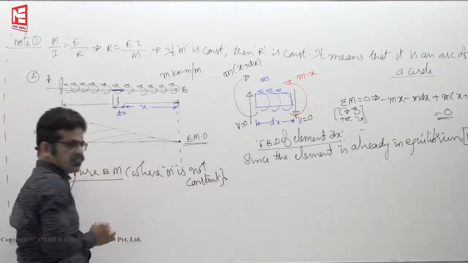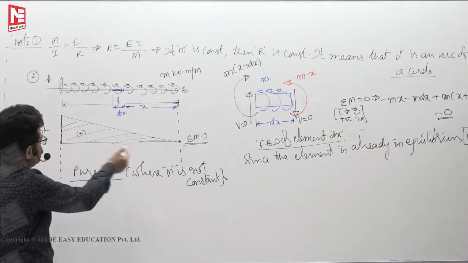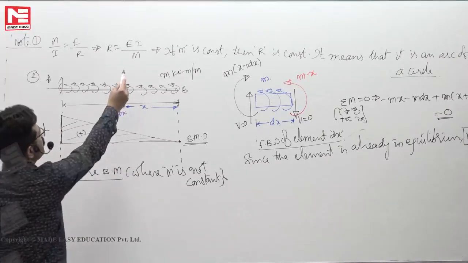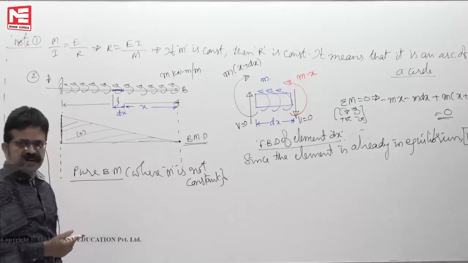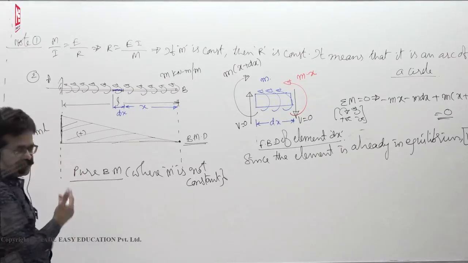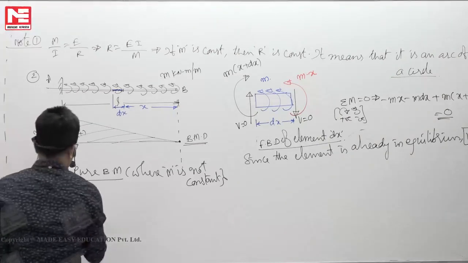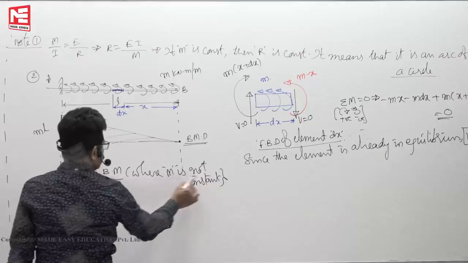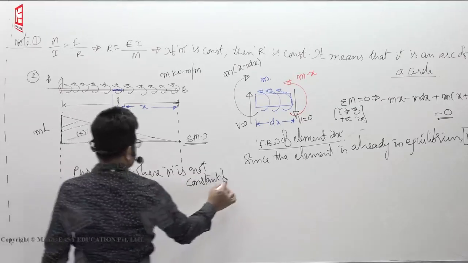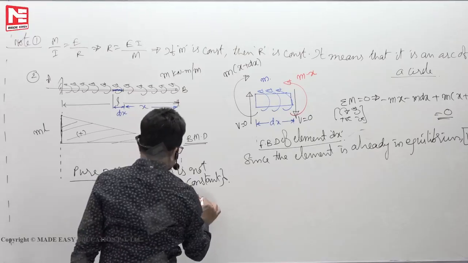If m is not constant, then it will not bend like an arc of a circle, because the bending moment is continuously changing. So m is not constant, so r also will not be constant. That means the curve is not a circular arc.